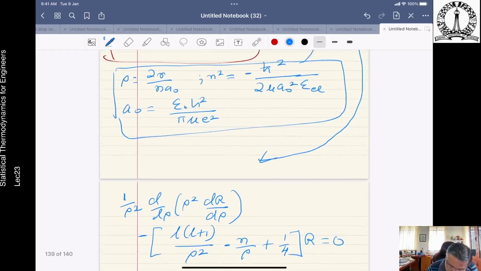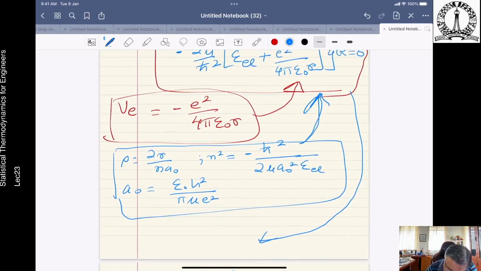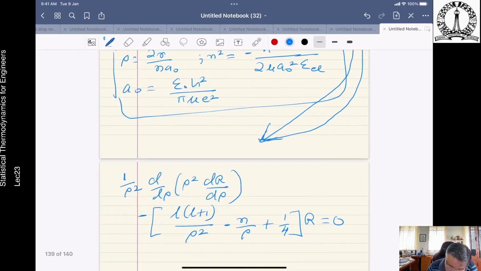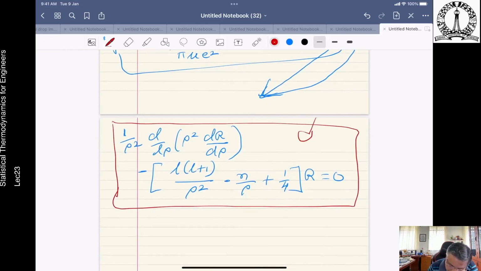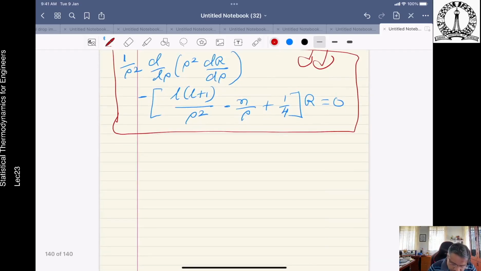So after a few transformations, when you use these variables, the equation reduces to something like this. Now what we can do is use the usual power series approach to solve this.